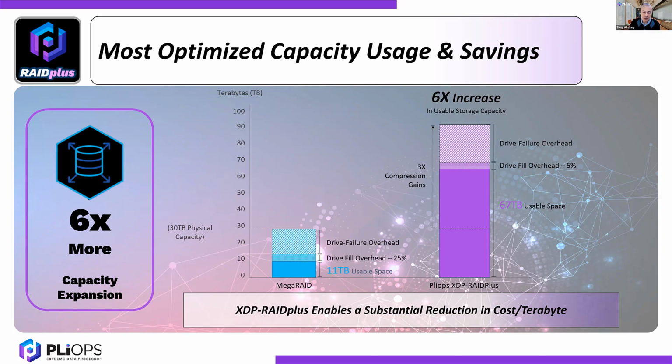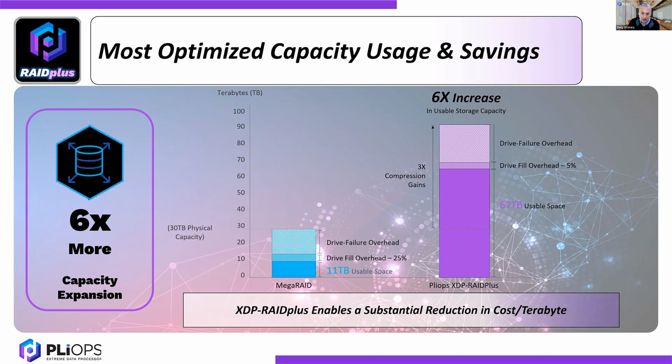We're seeing that XDP's compression capability, efficient protection overhead, and near full utilization, 95% in this case, expand usable capacity by up to 6x versus traditional RAID solutions. This 6x increase in usable capacity is substantially reducing the cost per terabyte formula for our customers.